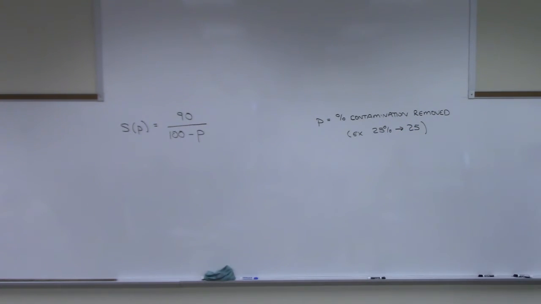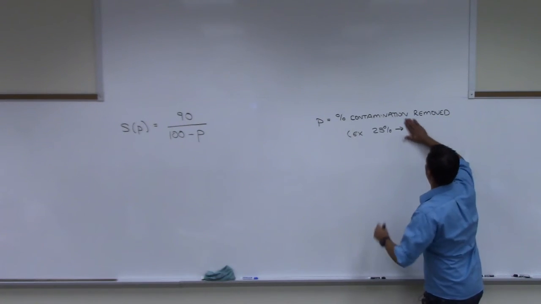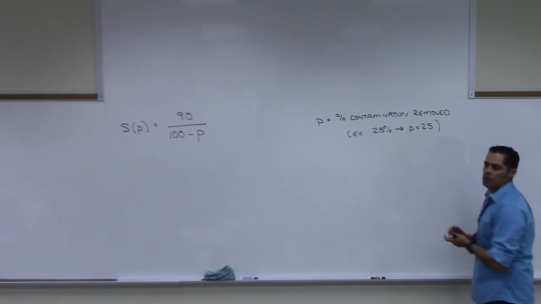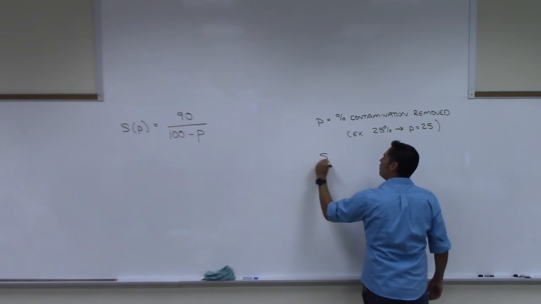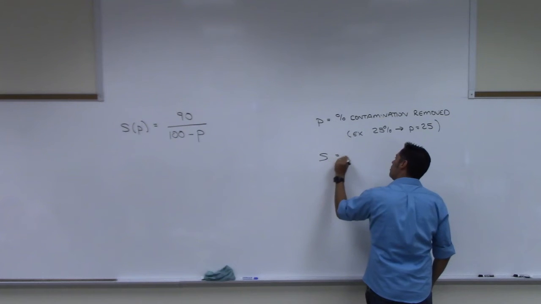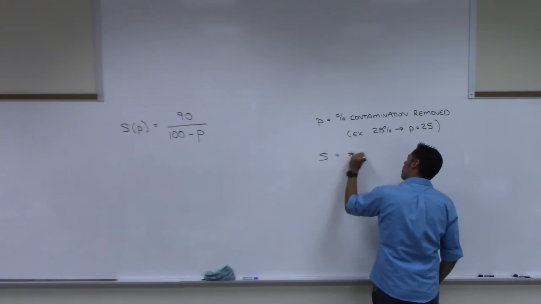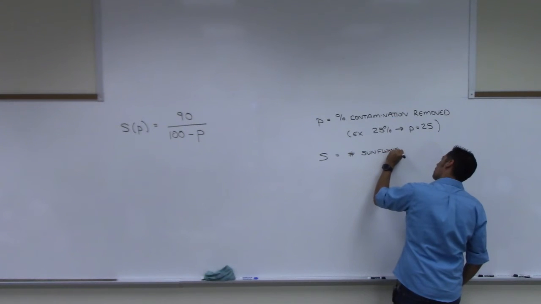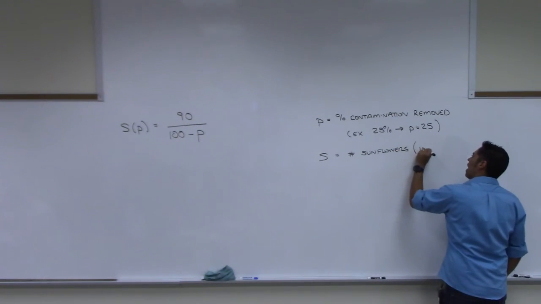Let me make sure I have that right. Yeah, 25% would mean P is 25. S in this problem is equal to the number of sunflowers measured in thousands.